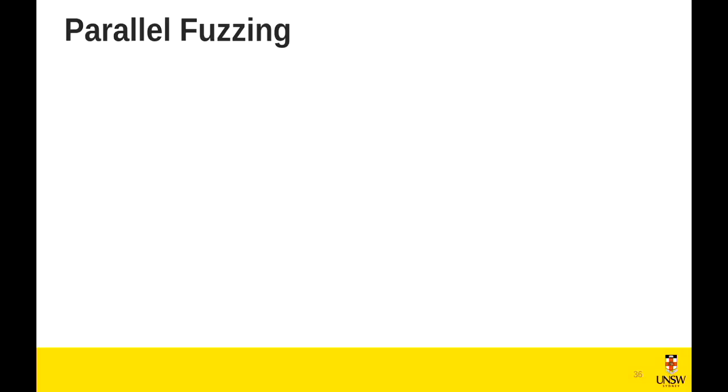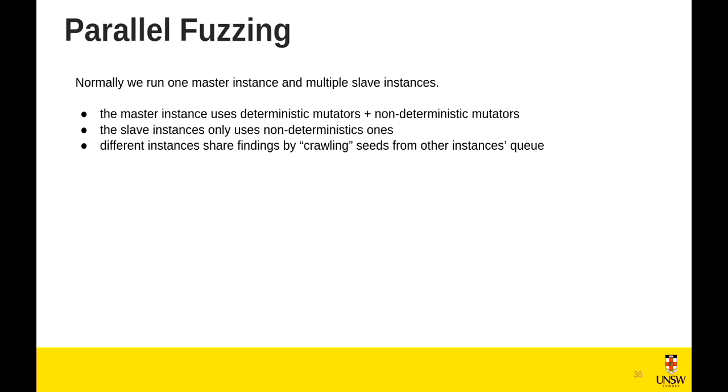And for parallel fuzzing, we are not running them in parallel without communicating with each other, because in that case we are doing redundant work. Let's say one particular instance has found a new execution path or a new branch coverage, it should inform the other instances, right?